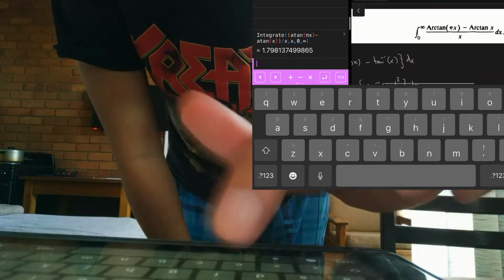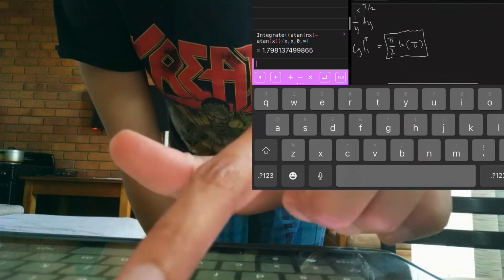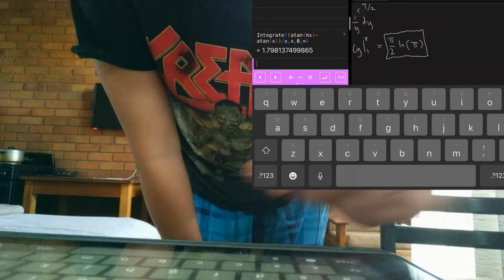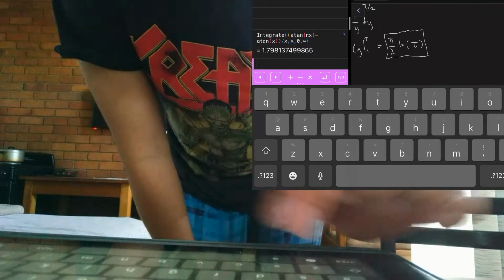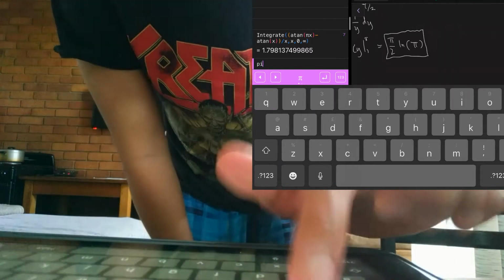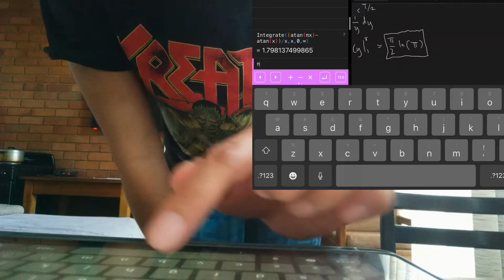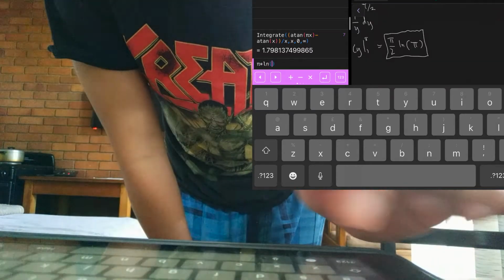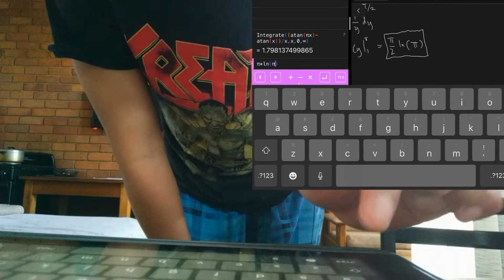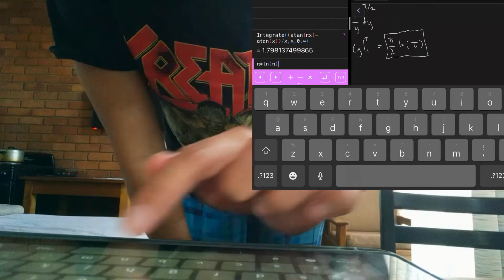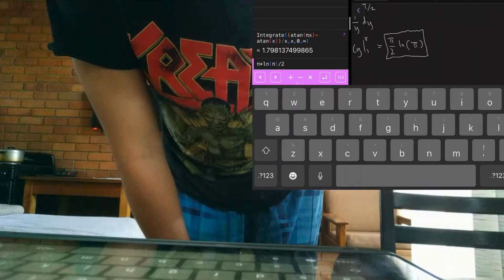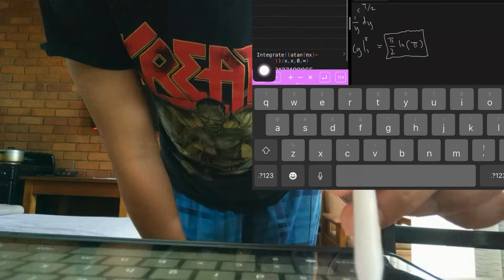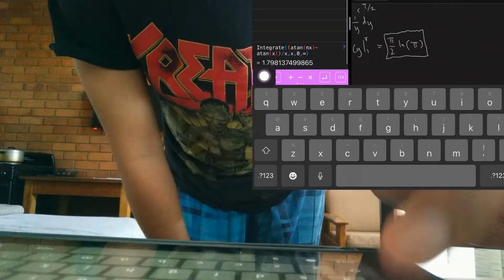So here's what we're going to do. We said that our final answer is π over 2 times ln π, so let's evaluate what that is: π times ln of π, divided by 2. If this is equal to the number that we got here, then we're done.